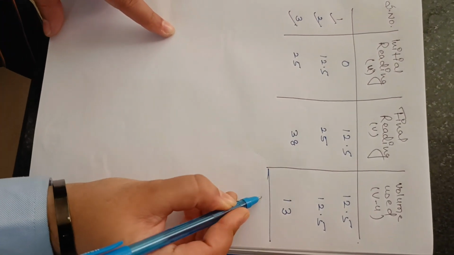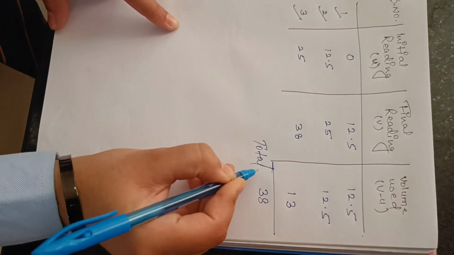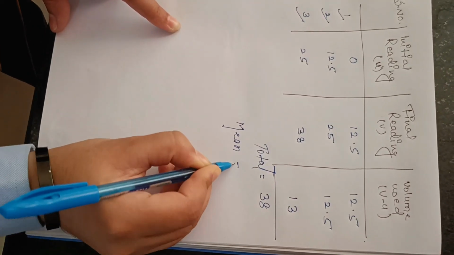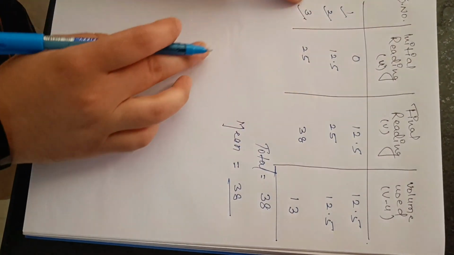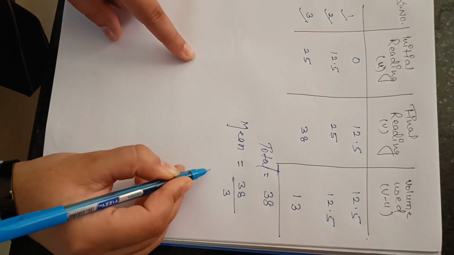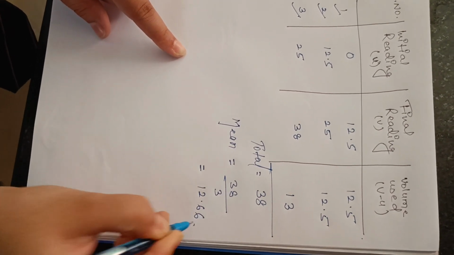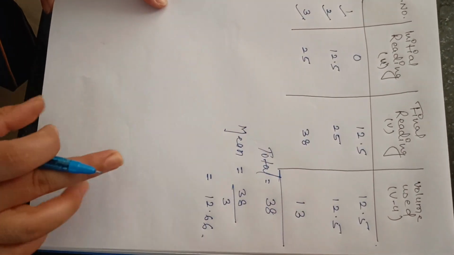So the total here will be 38, and now we will take the mean of it. Mean equals total divided by the number of observations we have taken. We have taken 3, so the value will be 12.66. So this is the volume used in this titration of EDTA with MgSO4.